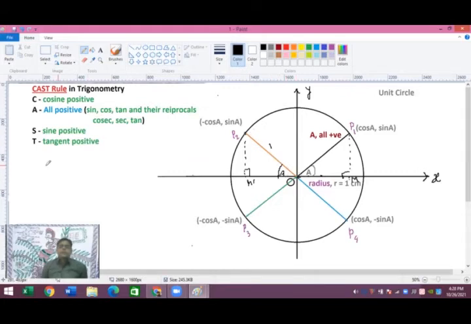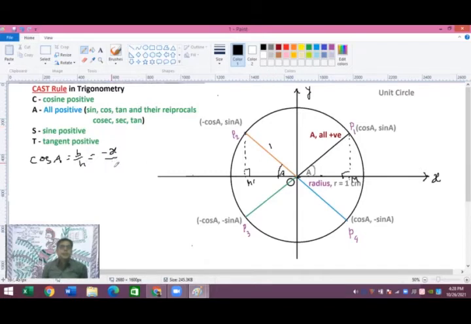So here we talk first about the x coordinate. We know that cos A equals B by H again, and B in this case is OM dashed. OM dashed is along the x-axis, that means the negative x-axis in this case. So we can write here minus x, and H is OP2. OP2 is the hypotenuse, and the hypotenuse value is 1 because this is a unit circle.